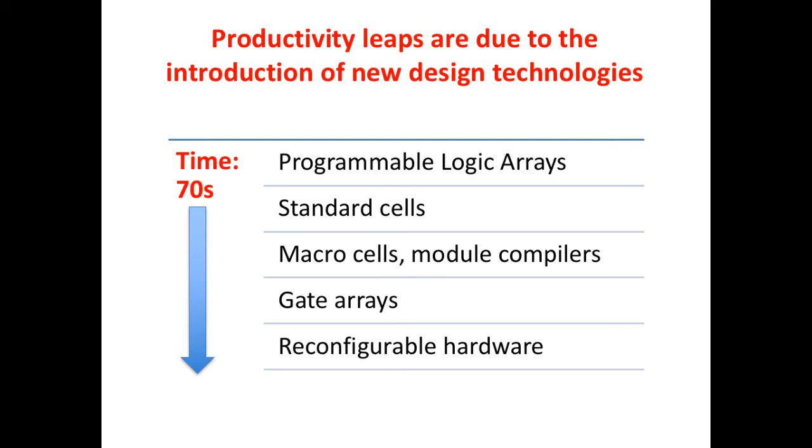So for the moment, these are just names. I will show you in detail what's the meaning of those names. But what is important at this moment is to understand that basically what happens here is that we have more and more software helping the design of more complex circuits.